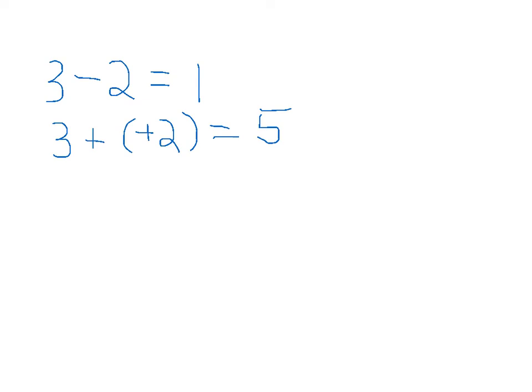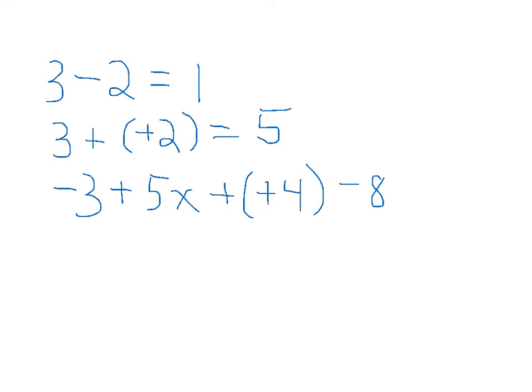This comes into play when we're adding a bunch of like terms as well, which you will see in another video, but -3 plus 5x minus -4 minus 8. Before I even begin to do this problem, I need to slash and dash this.